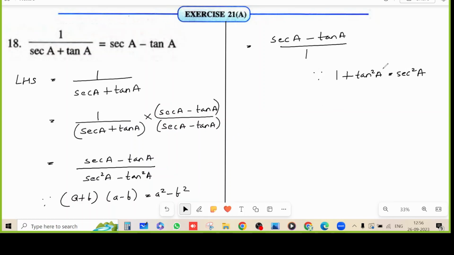So we can rearrange it, and the value that we will get here in the denominator will be equal to 1. Now this will give us the answer as sec A minus tan A, which is equal to the right hand side of the expression, and hence we have proved that the left hand side is equal to the right hand side.